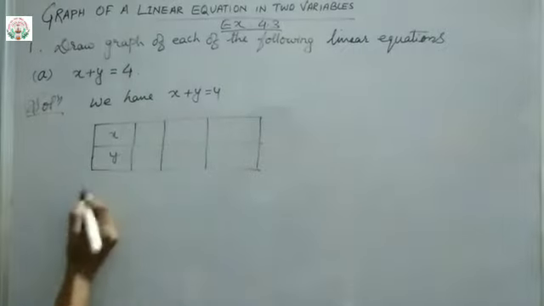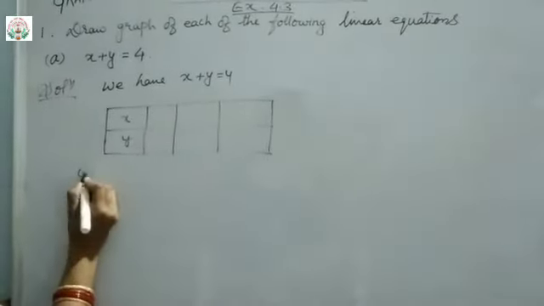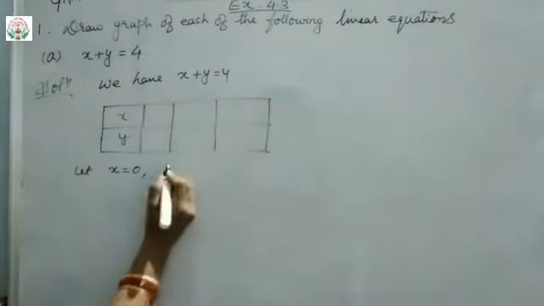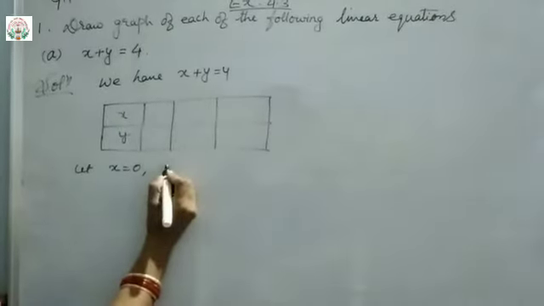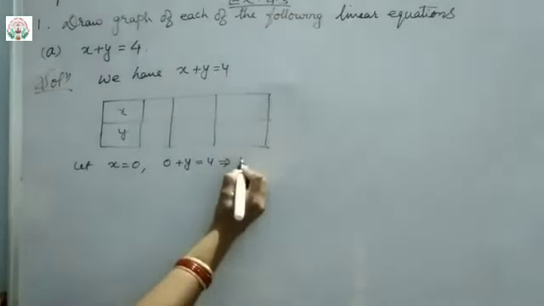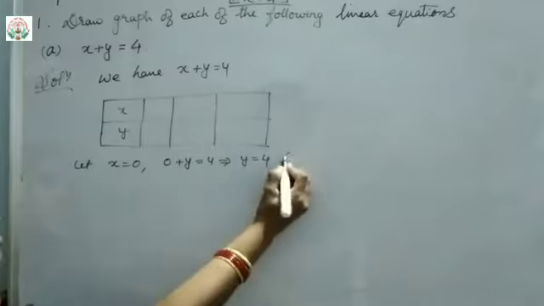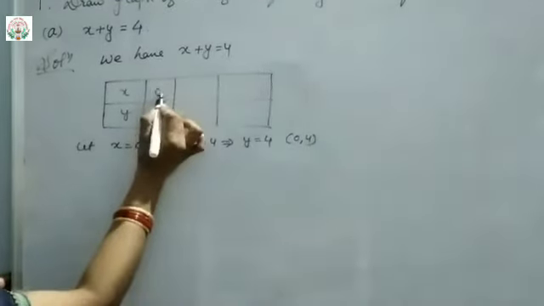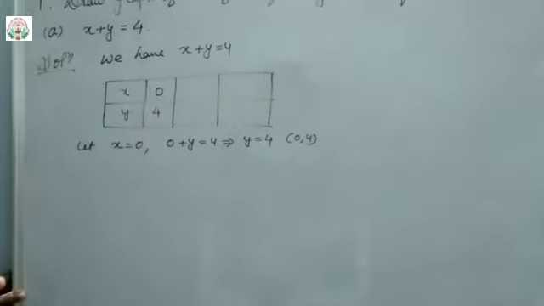Okay. Now solve for these 3 points. That is, let x equals 0. If x value is 0, then what will be my y value? I'll solve 0 plus y equals 4 implies y equals 4. So my point will be 0, 4. So x value is 0, y is 4.